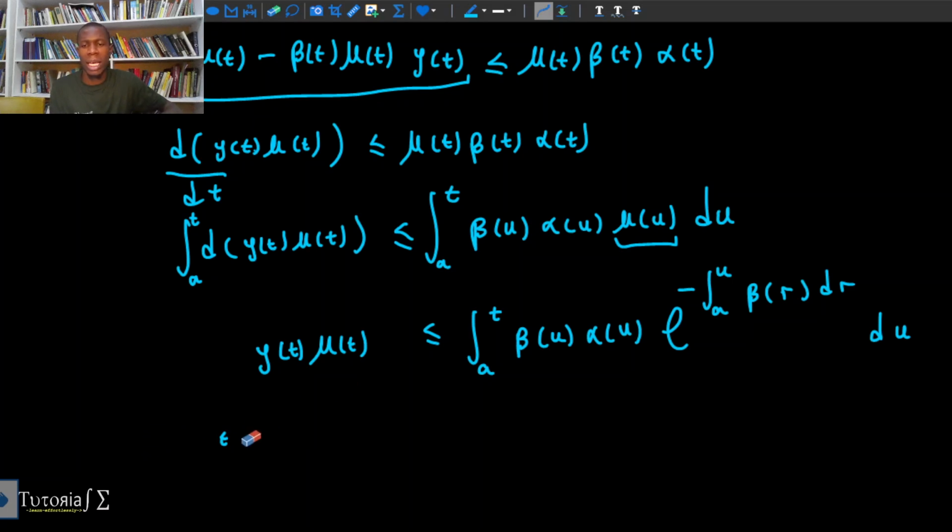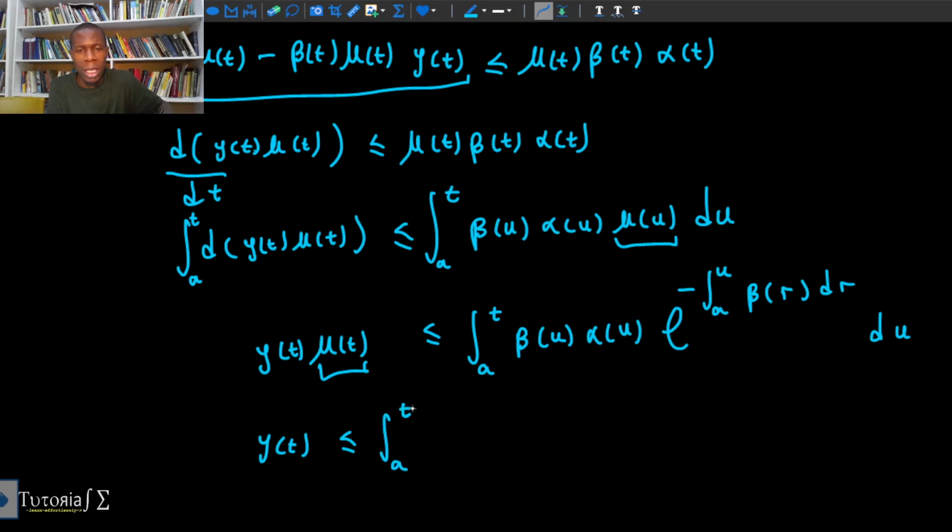Then we can consider the inverse of this. So y of t will be less than or equal to the inverse of this being multiplied here. So I'll say integral from a, because it's a constant, it's with respect to t, and here we are just with respect to u, so it can go inside the integral here and it wouldn't affect anything.